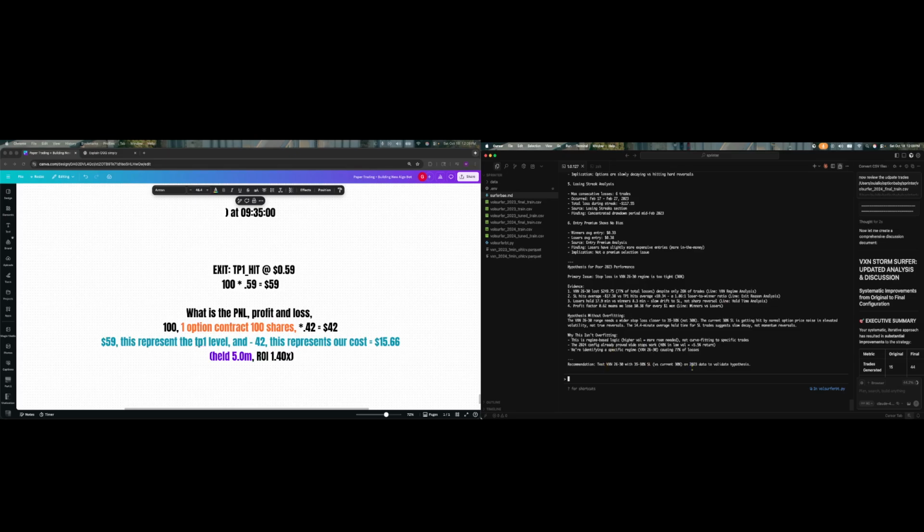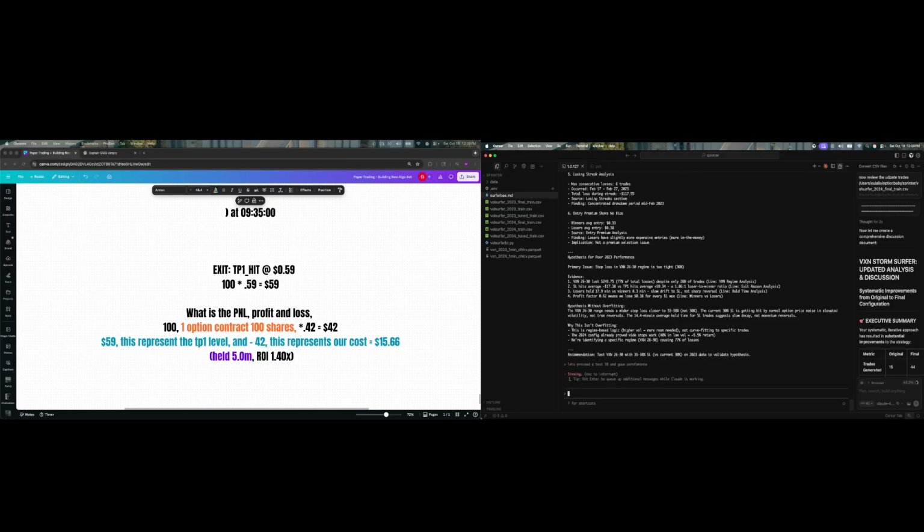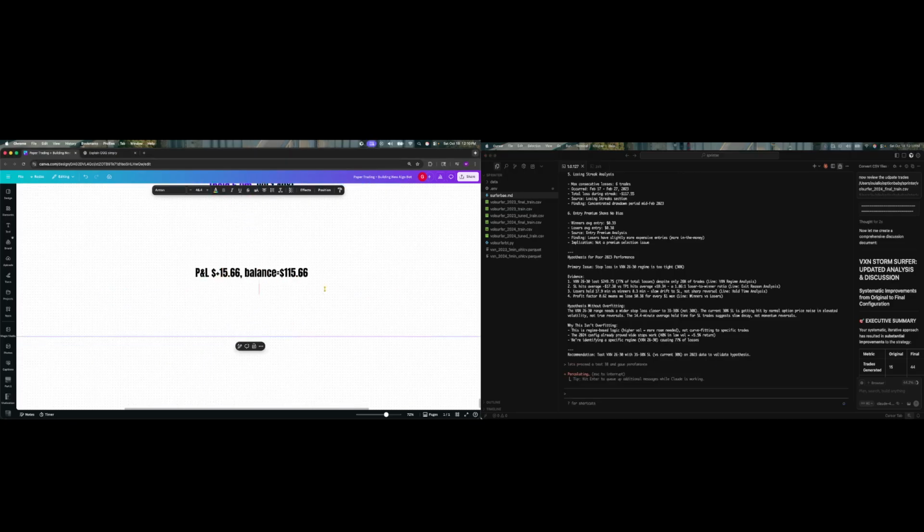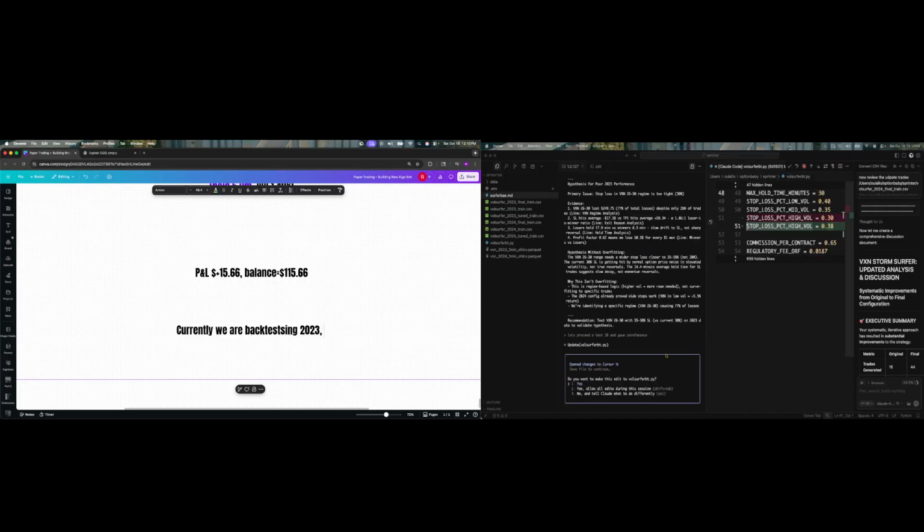Test 35-30 versus the current on 2023 to validate the hypothesis. All right, let's test 38. What is the current full, okay. Let's proceed to test 38 and gauge performance. So currently we are backtesting 2023.